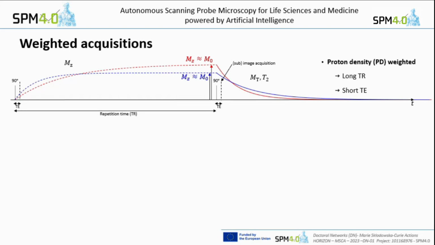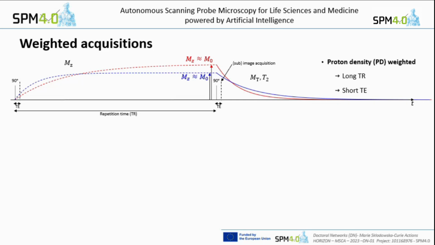So this describes two things. The net magnetization is characterized by the dashed line, the transversal magnetization by the solid line, and I chose two different types of tissue, just randomly. The red tissue has a specific M0 magnetization with a specific T1 relaxation time and T2 relaxation time, and the tissue marked in blue has different properties.